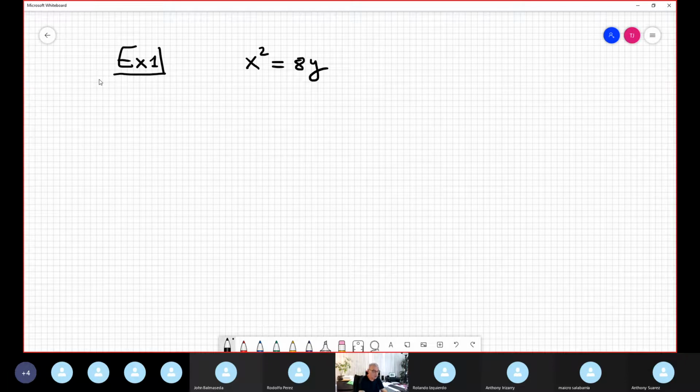The job is to graph this and find everything: the vertex, focus, directrix, endpoints of the focal diameter, what kind of parabola it is, and the axis of symmetry. So six things, and do the graph. Let's do the graph by hand on the whiteboard and afterwards verify it in Desmos.